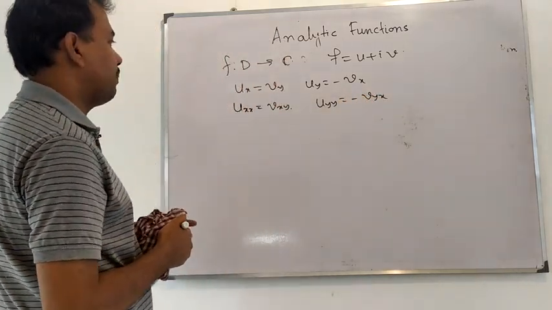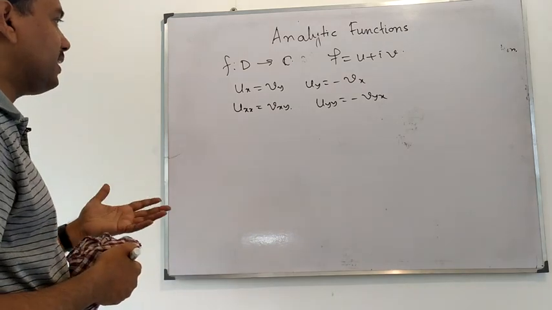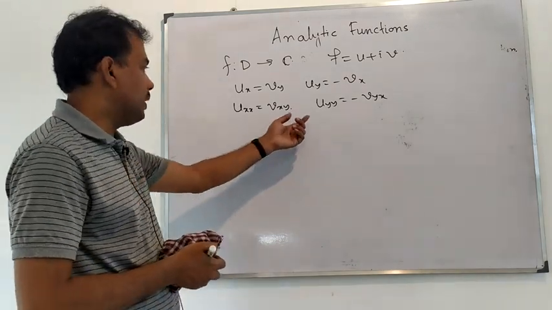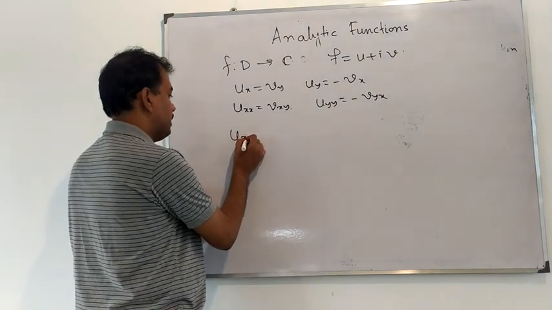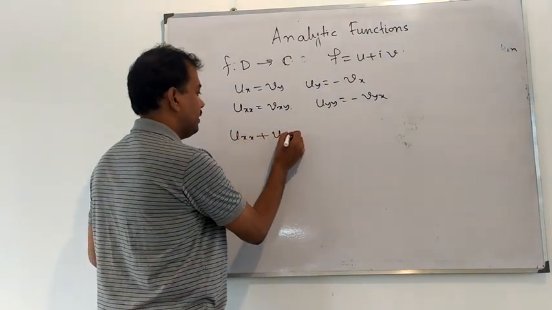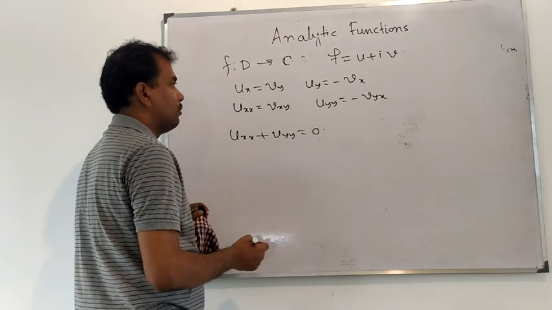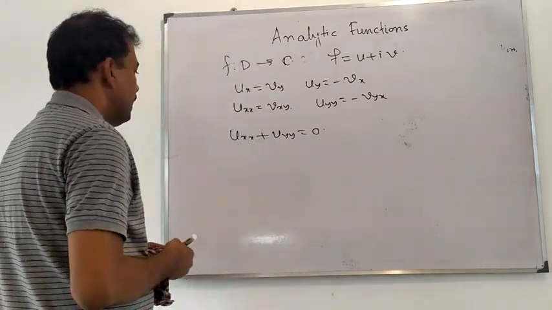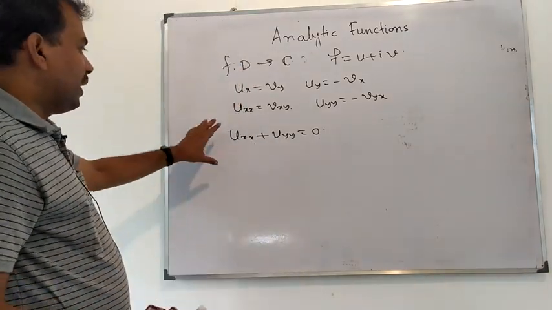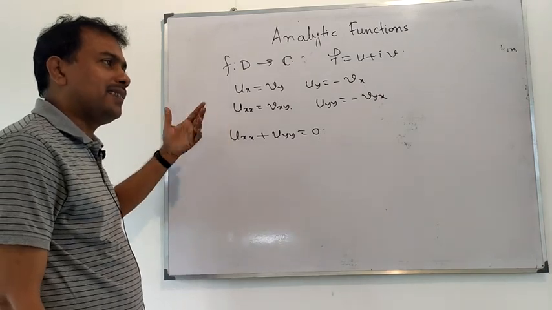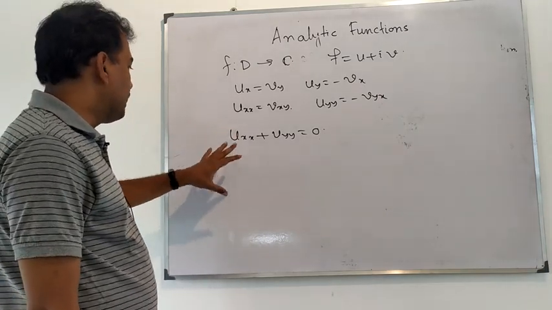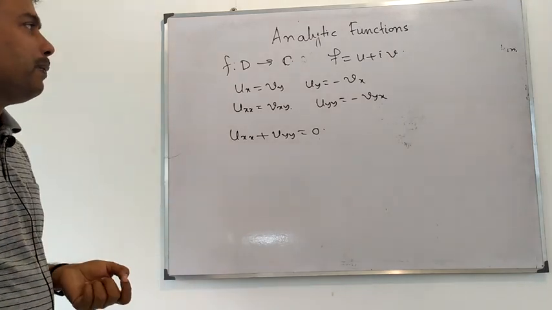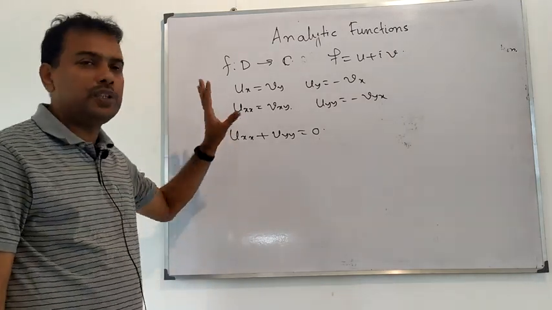Since the second order partial derivatives of v exist and are continuous, vxy equal to vyx. So from this we get uxx plus uyy equal to 0 for all (x, y) belonging to D. That is, u satisfies the Laplace equation. Since the second order partial derivatives of u exist and are continuous on D and it satisfies the Laplace equation, u is a harmonic function on D.